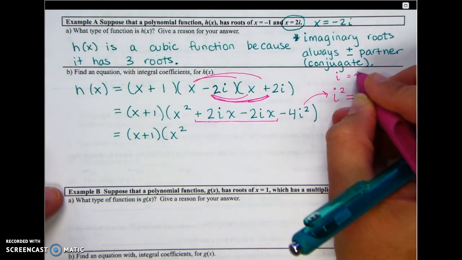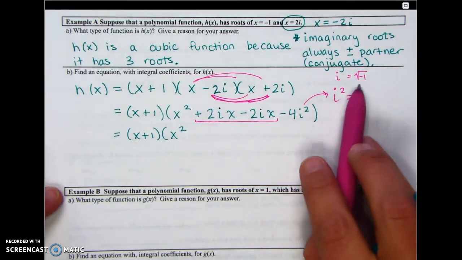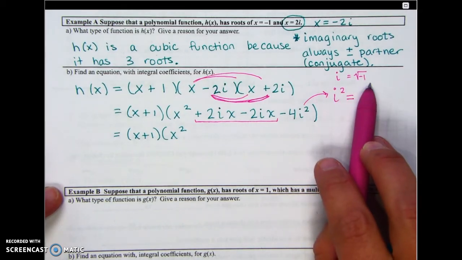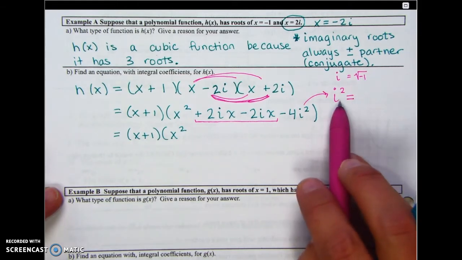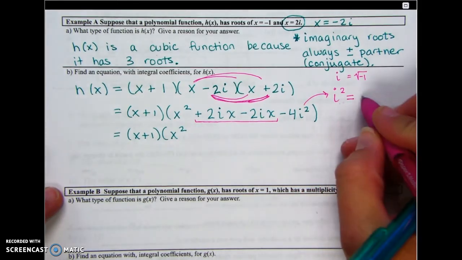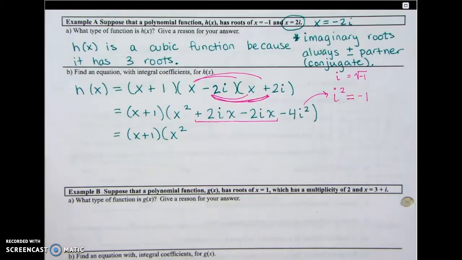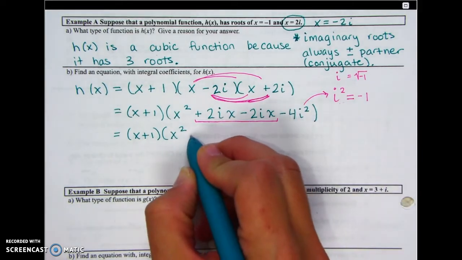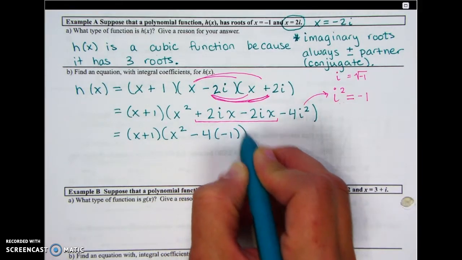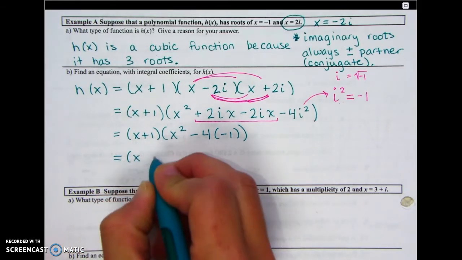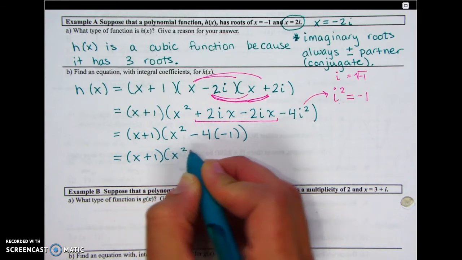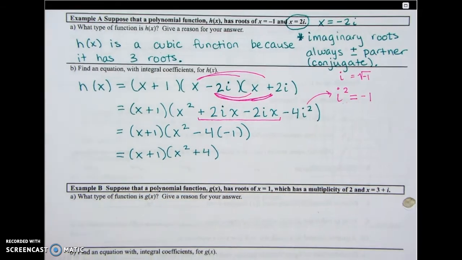If i equals the square root of -1, and you were to square both sides, the square would cancel the square root, and you would be left with what's inside. So i squared is equal to what? -1. So every time you see an i squared, you're going to substitute it for -1. So we actually have -4 times -1. Well, what's that going to do to our 4? Yeah, it's going to make it positive. So we have x squared plus 4.